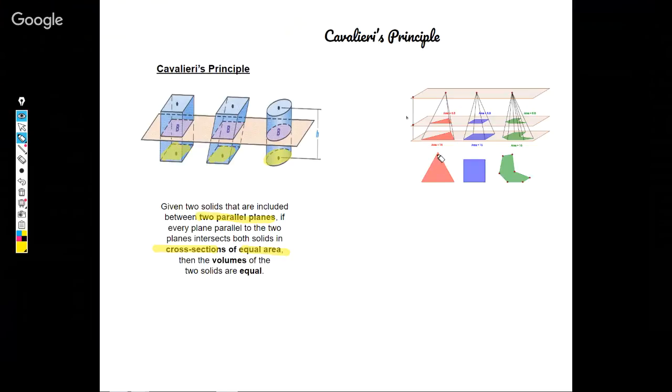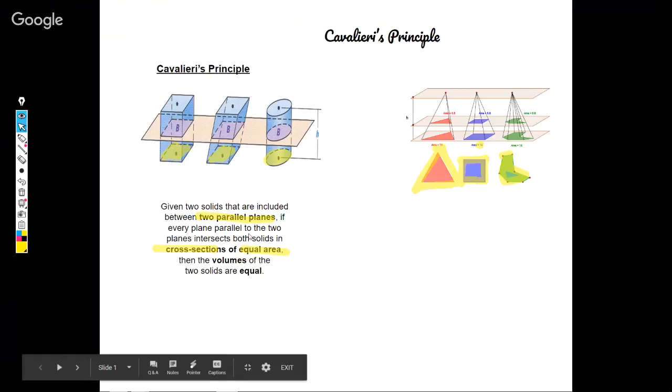Here we have a triangle, but it says the area is 16. Here we have a square, but it says the area is 16. And here we have a bizarre looking polygon, but the area is 16. So because those areas are consistently the same, we know the volumes are the same, even though they look completely different. That's the whole premise of this principle.